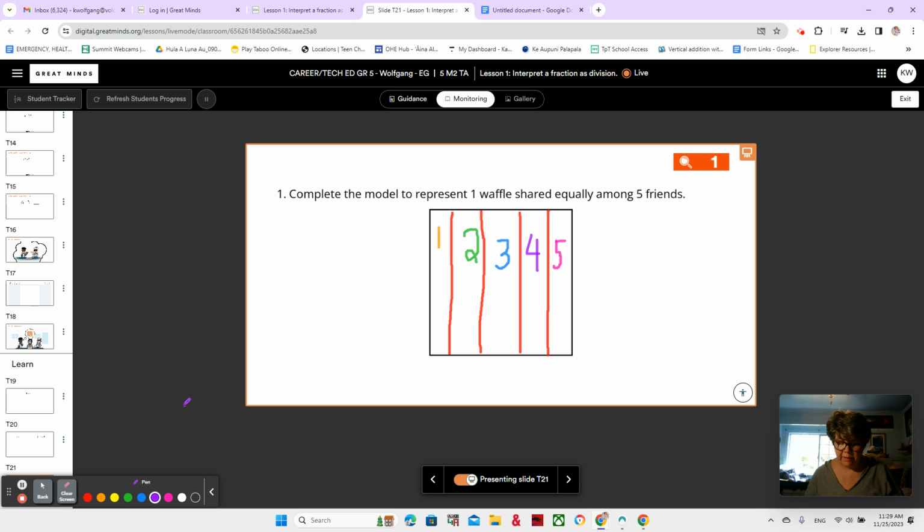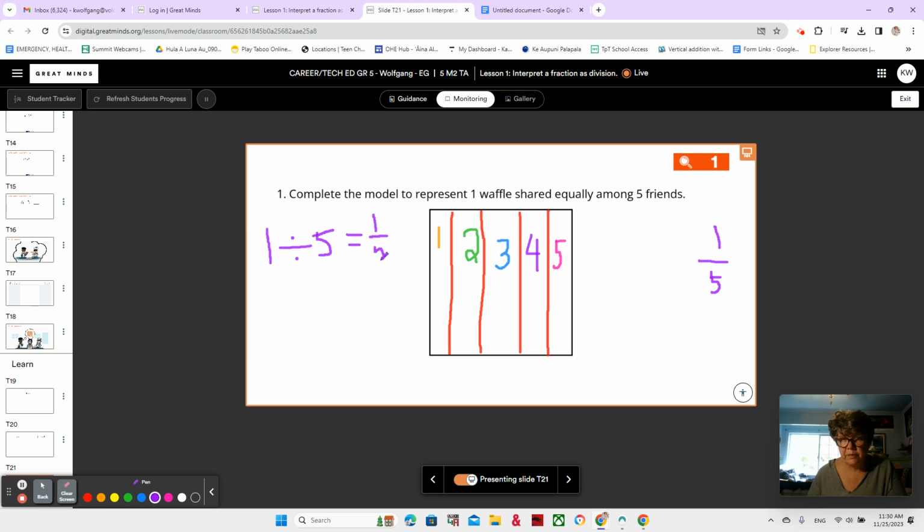Now, what fraction of the waffle does each friend get, and how do you know? If you're saying that each friend gets 1/5 of the waffle, you are correct because there's 5 parts. What division equation can we use to represent this? We could say 1 waffle divided by 5 friends is equal to 1/5.